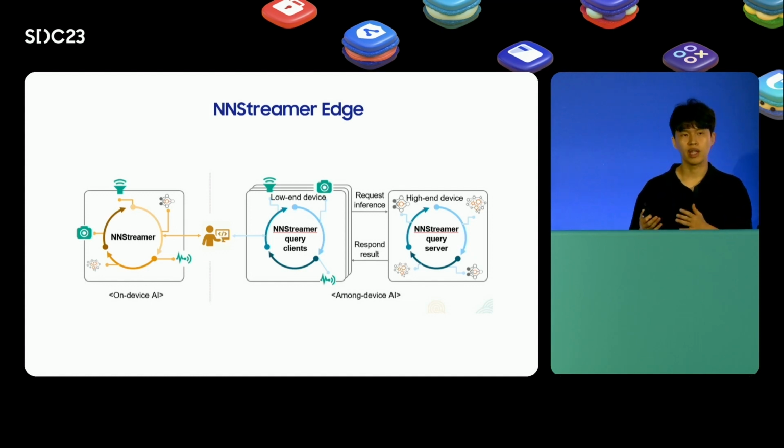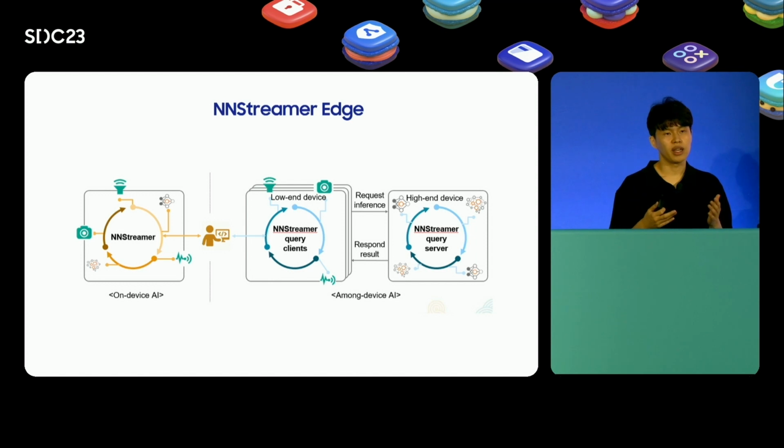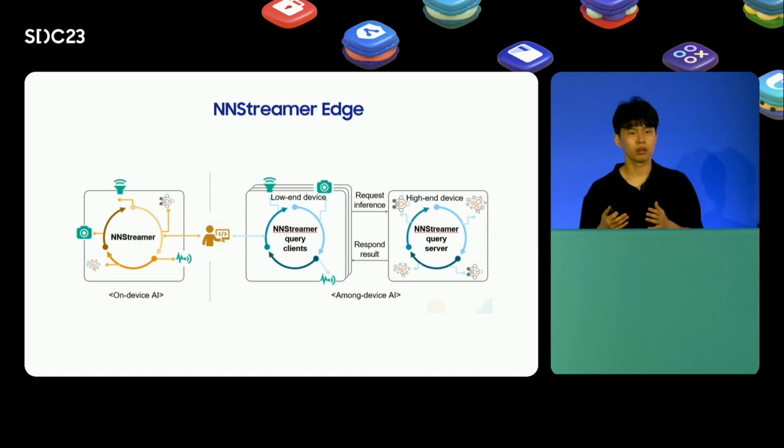In the previous example, I already explained about the among-device AI. On-device AI will have its own models on every device, but unfortunately, not every device is adequate to run the models.